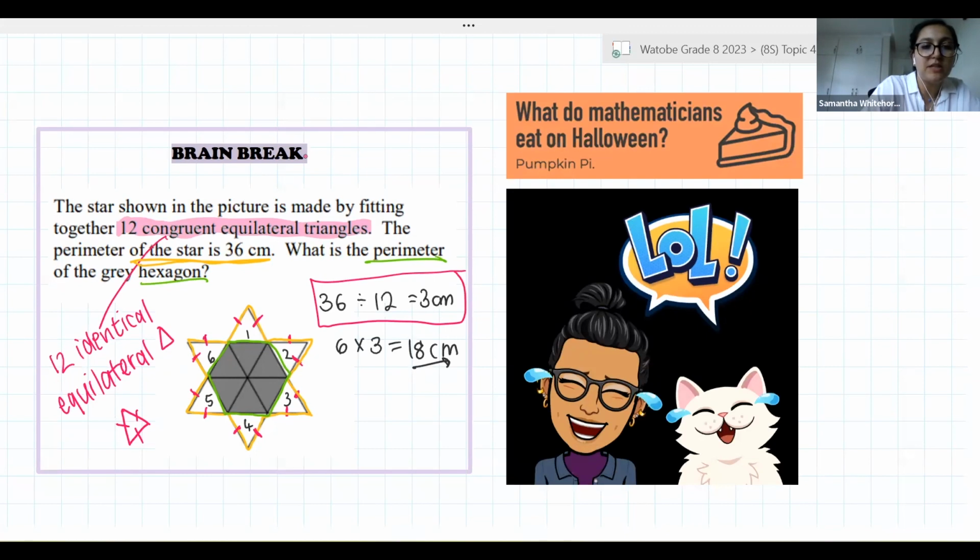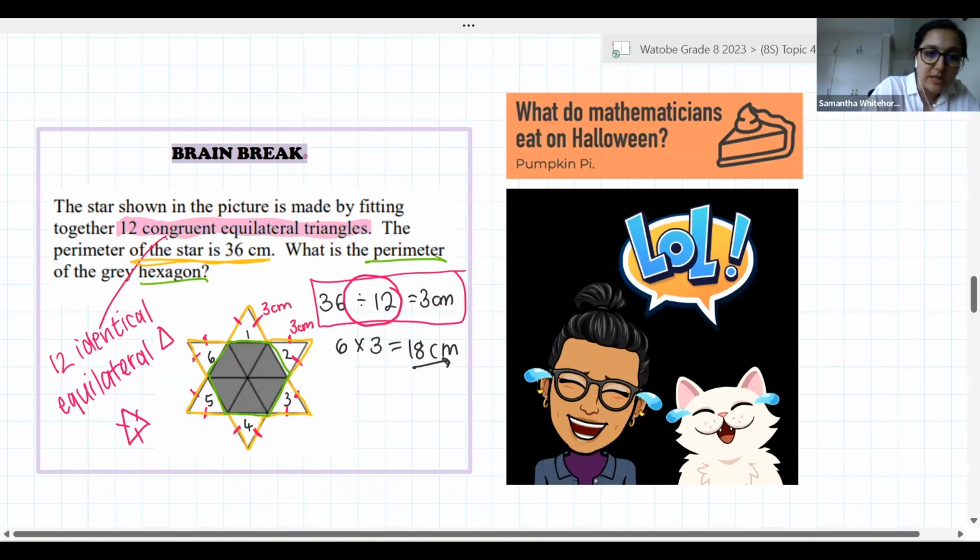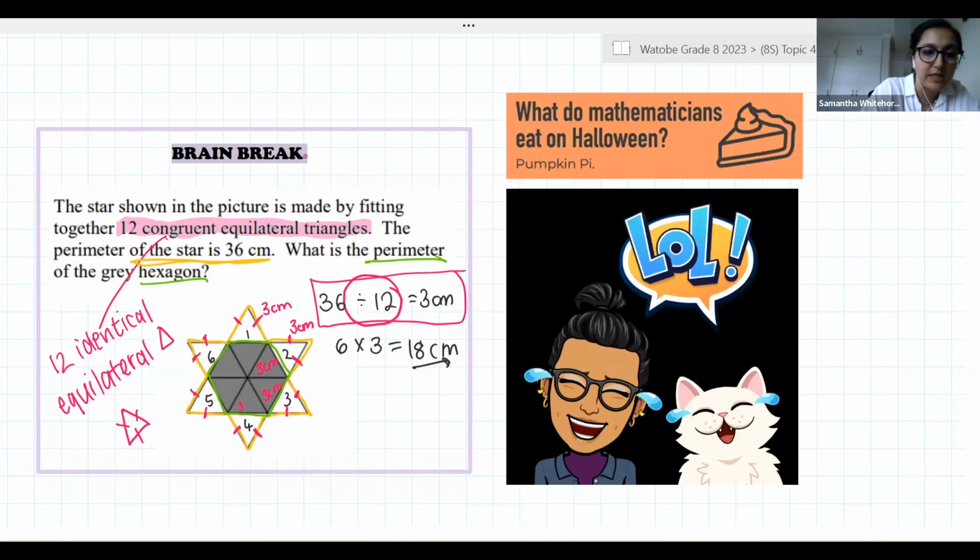So I've got 12 equal lengths, which is why I can divide the perimeter by 12. And that then tells me that one length of my triangle is 3 centimeters. And because they're equilateral triangles, that then means that the green lengths are also 3 centimeters. And so I can then go from there to work out what my perimeter is. Very nice. Well done. You got that so quickly. I have to sit and think about these sometimes.